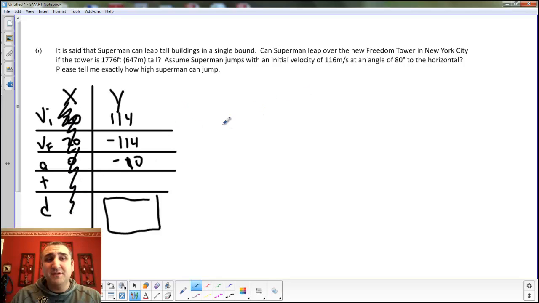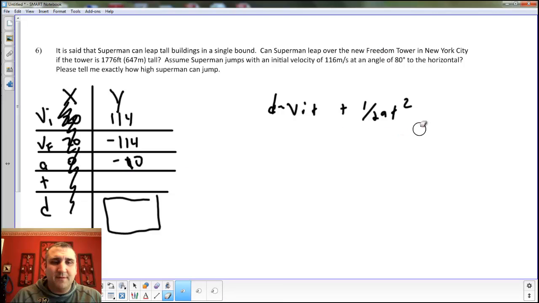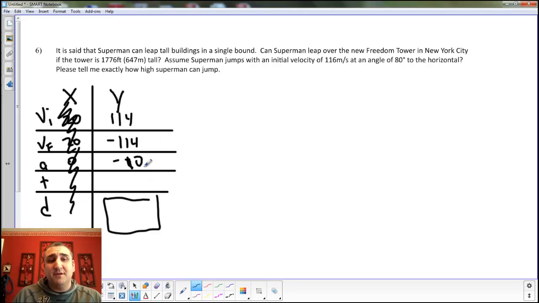So let's see. d equals v_i t plus 1/2 a t squared. I can figure out time and then plug it in here, but you know what, I'm not going to. This is another equation that I can use, VF squared equals VI squared plus 2ad, because I care about the displacement in the Y, not the X. So VF squared equals VI squared plus 2ad.